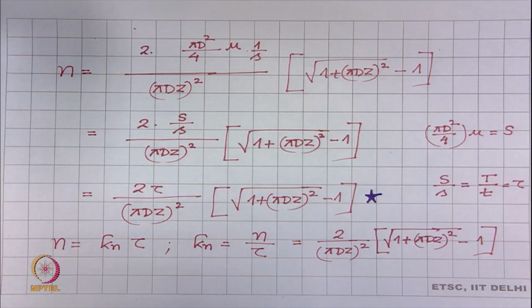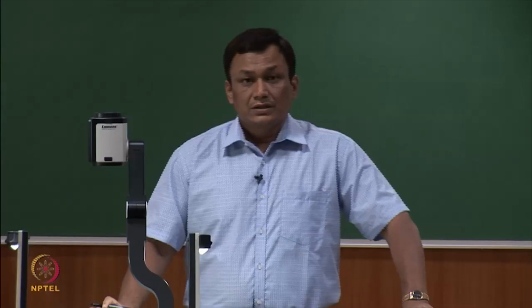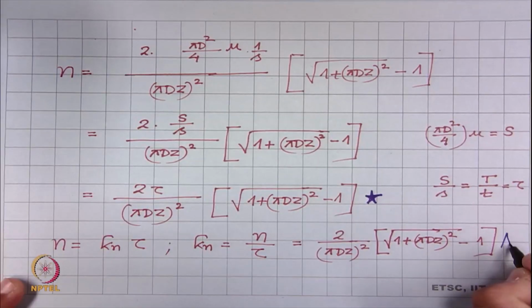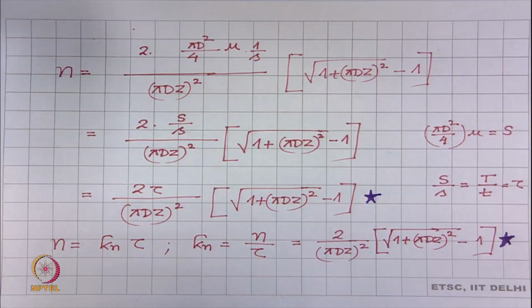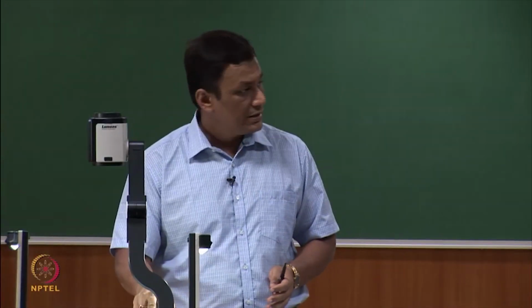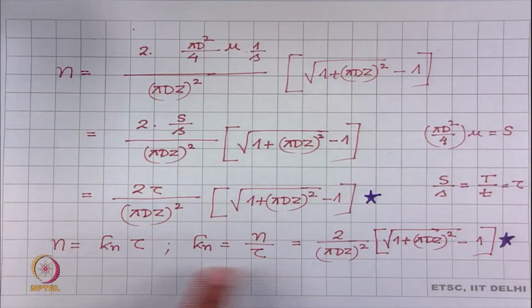We can calculate the value of k n, and also find out the value of small n, the number of fibers in the yarn cross section. Now, this is also another important expression, so let us put a star mark here. It is also possible to express n and coefficient k n in a different manner. So, let us do that.